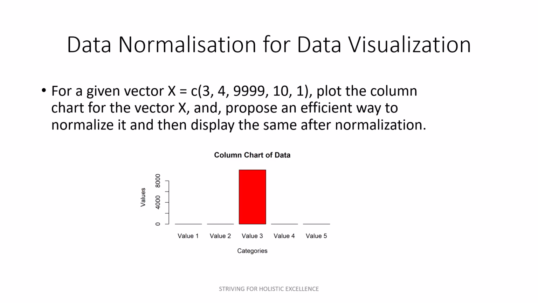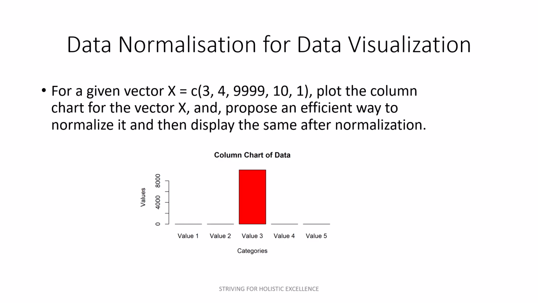So it is not over yet. If you have a data vector like this, you can see here values 3, 4, then 9,999, and then you have 10 and 1. So it's very easy to see that 4 nines, 9,999, is kind of overshadowing all the other values.